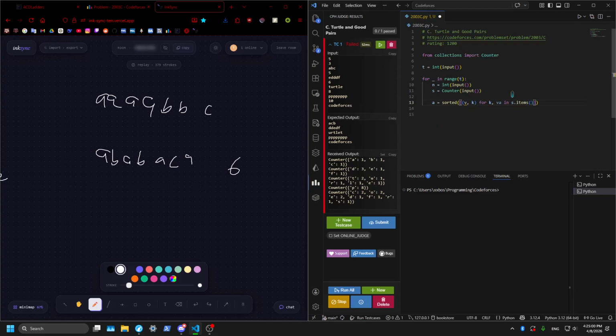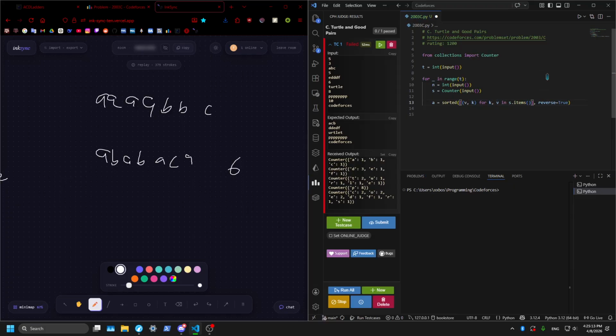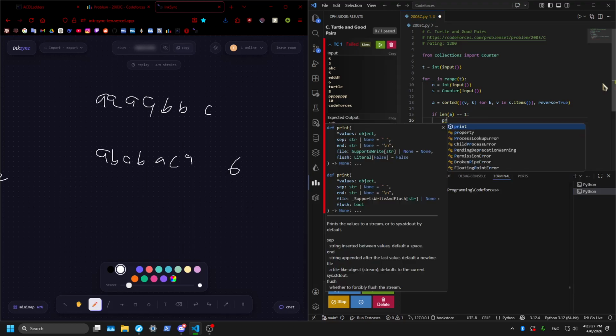And then we need to reverse it. And then if len a equals 1, so there's only one character, we just print.